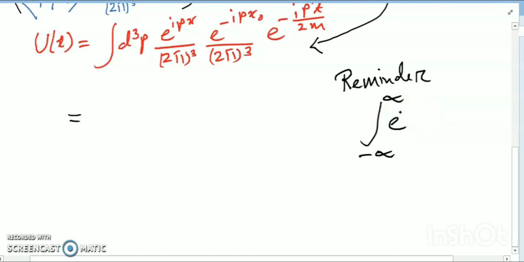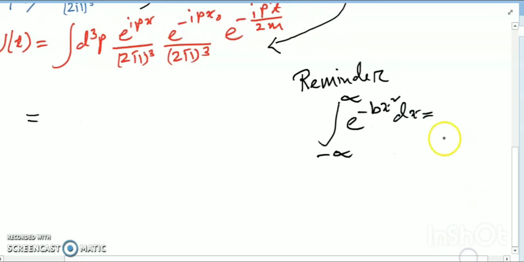Root over pi by b. This is the formula I used.